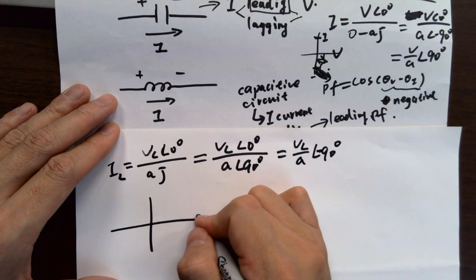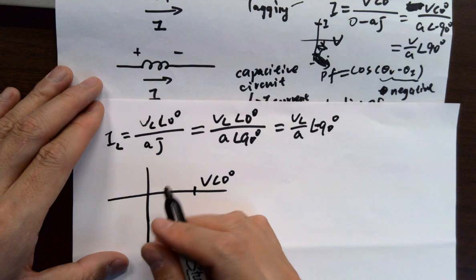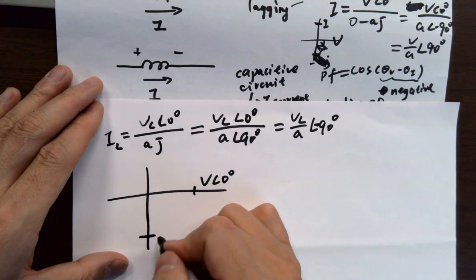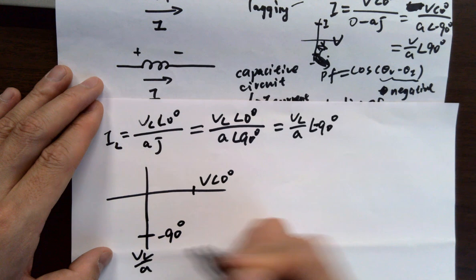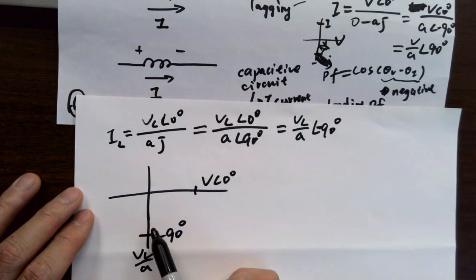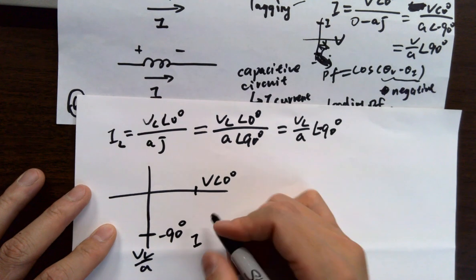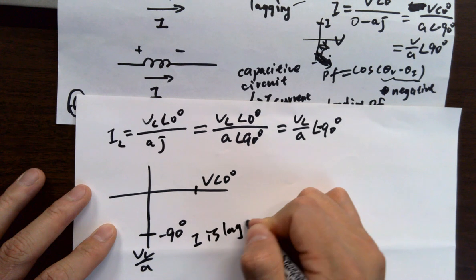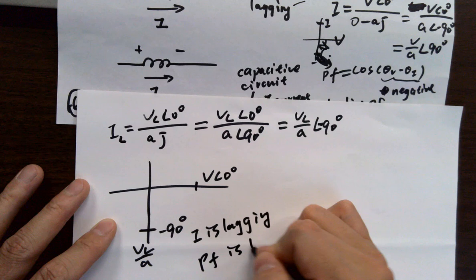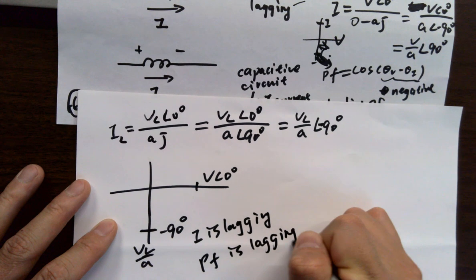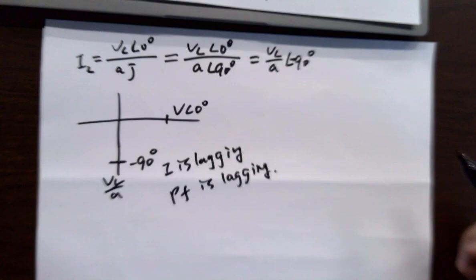Which means if you have a voltage as a reference at 0 degrees, then your current is at negative 90 degrees with the amplitude of VL over A. So your current is lagging in the inductive circuit, so power factor is lagging as well, just by definition.